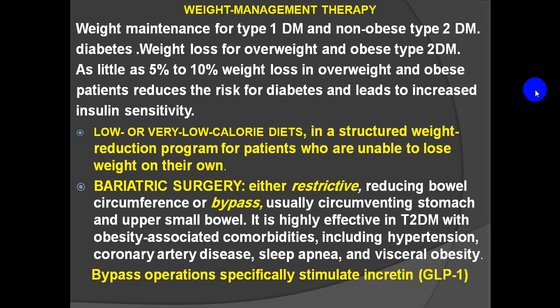Or sometimes weight reduction is achieved through surgery, which is called bariatric surgery, either restrictive by reducing the bowel circumference or bypass of the stomach and upper small bowel. Such surgery is highly effective in type 2 diabetes mellitus with obesity-associated comorbidities like hypertension, coronary artery disease, or sleep apnea.